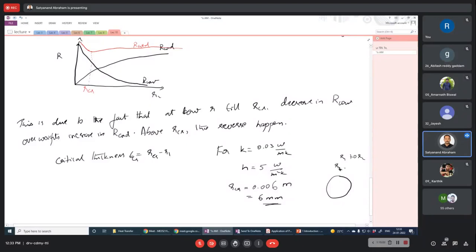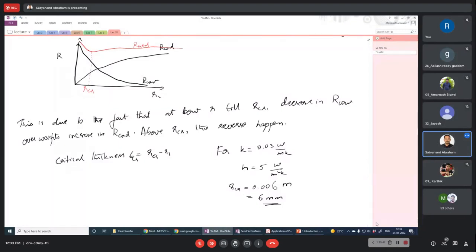So usually R1 itself is going to be greater than R critical, so whatever insulation you add is automatically added beyond the critical radius. In many usual conditions with insulation, you don't have to worry much about the critical radius, but you should know that there is a critical radius which comes into play.